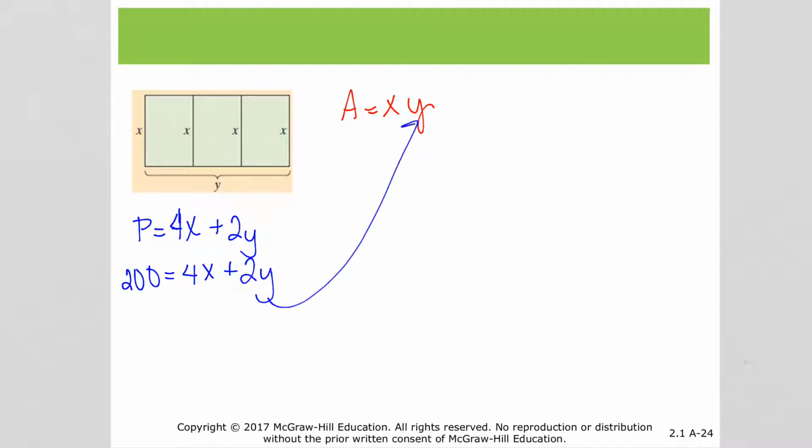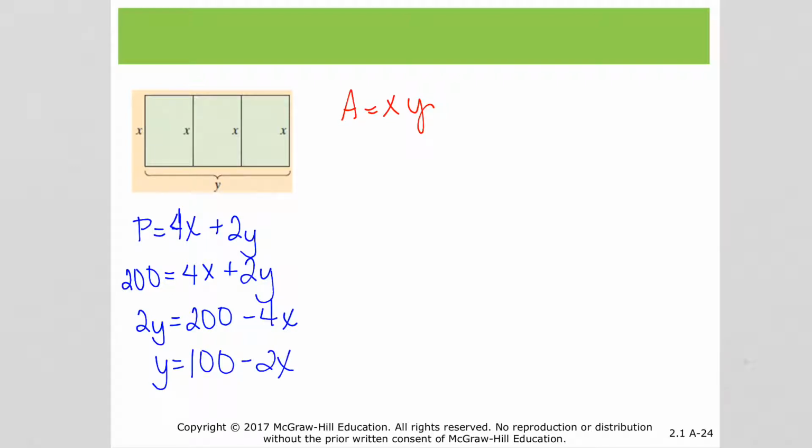And then use that to plug in here, and that will help us find the area, because we'll just have two unknowns. So to solve this for y, subtract 4x from both sides and divide by 2.